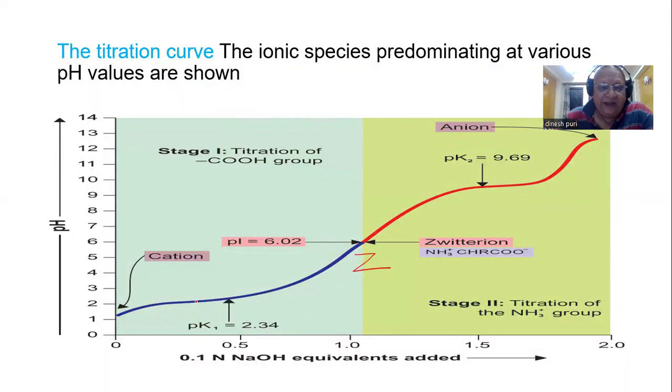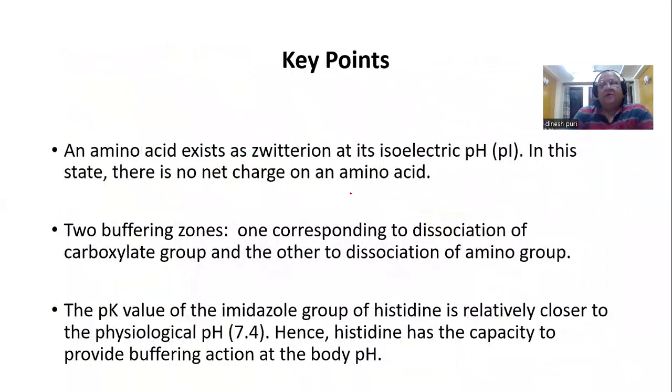Buffering capacity exists at the pK of the carboxylate group, the pK of the amino group, and in the case of histidine, a third pK of the imidazole group, which is very close to the physiological pH. So this, I would not repeat. Each amino acid, as a Zwitter ion at its isoelectric pH, does not show buffering here.